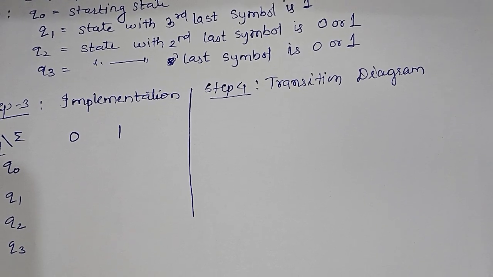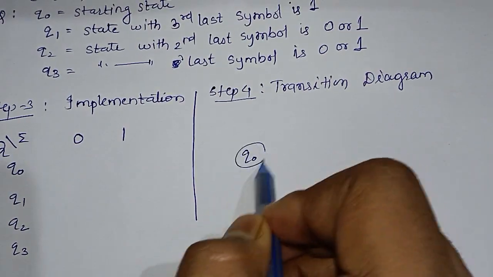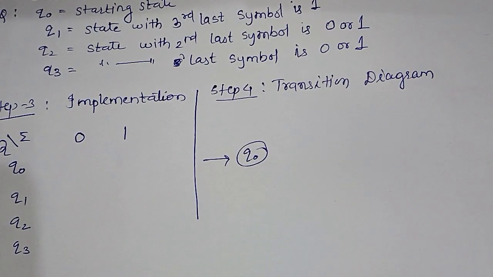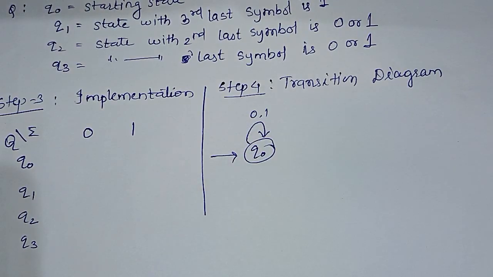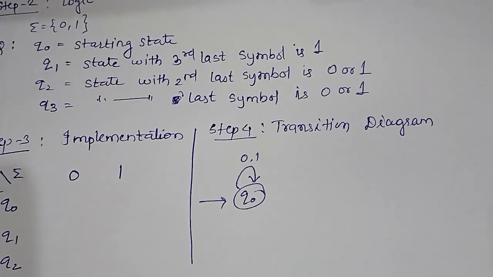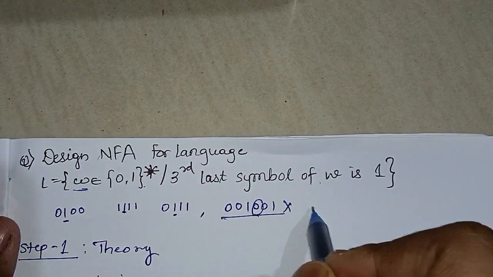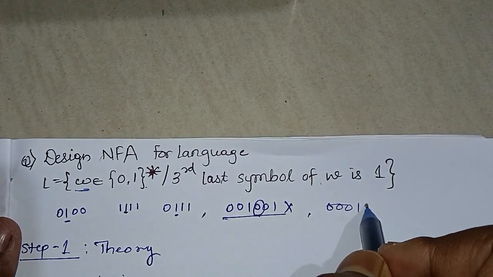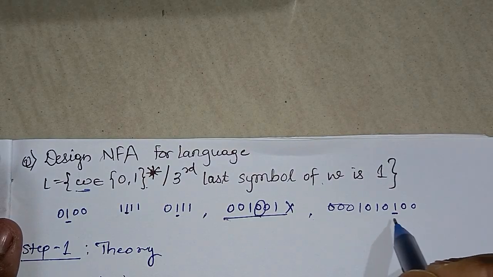Okay, so see, our starting state Q0, on receiving 0 and 1 it will stay here. Means it is not the third last symbol, it is the starting part. For example, if I take 0 0 1 0 1 0 1 0 0, this is our third last symbol.